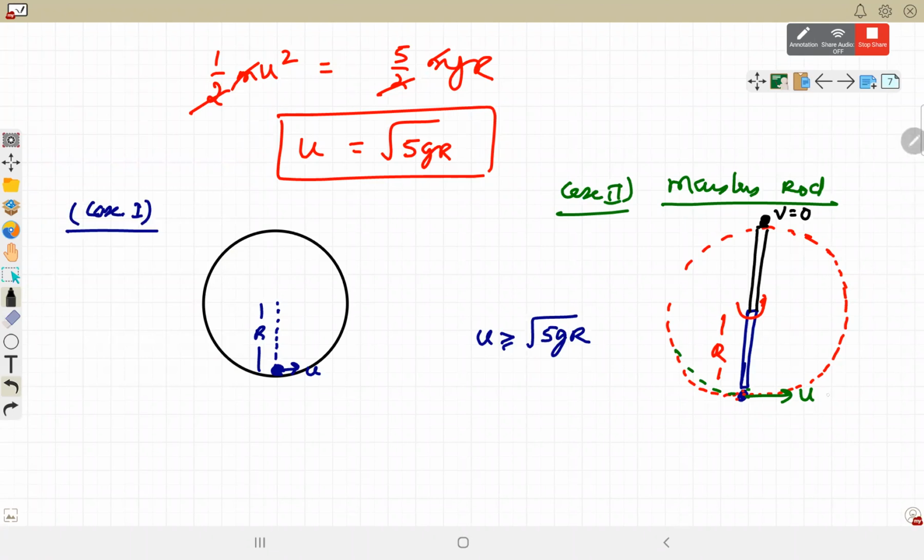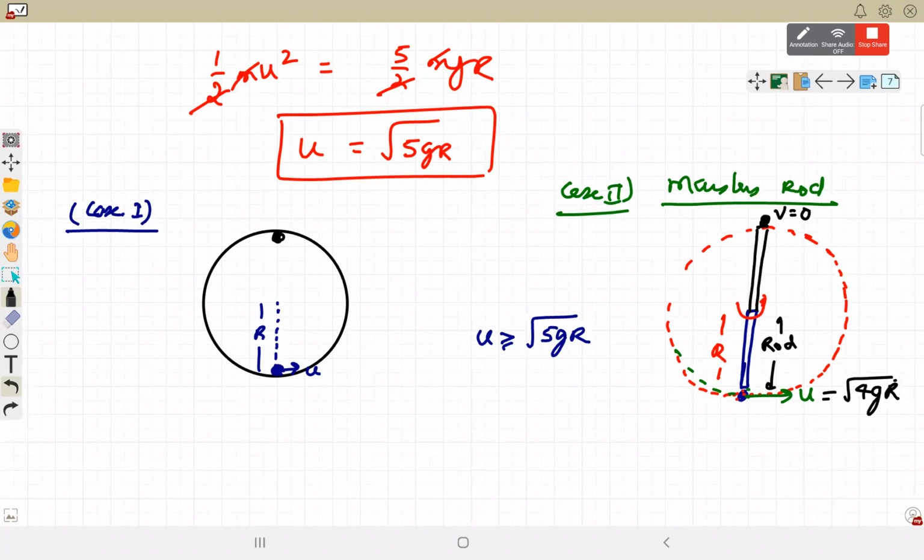So the speed required for this is not root 5 gr, it is just sufficient to reach the maximum height, if it is not a string but a rod. So you have to be careful because such questions come. Usually we learn that it has to be root 5 gr, but that depends upon the condition. If the particle has danger of falling at the maximum height when velocity becomes zero, like in the previous case of a ball on the inner surface of a sphere, then it starts falling vertically downwards and will not continue the circular path.